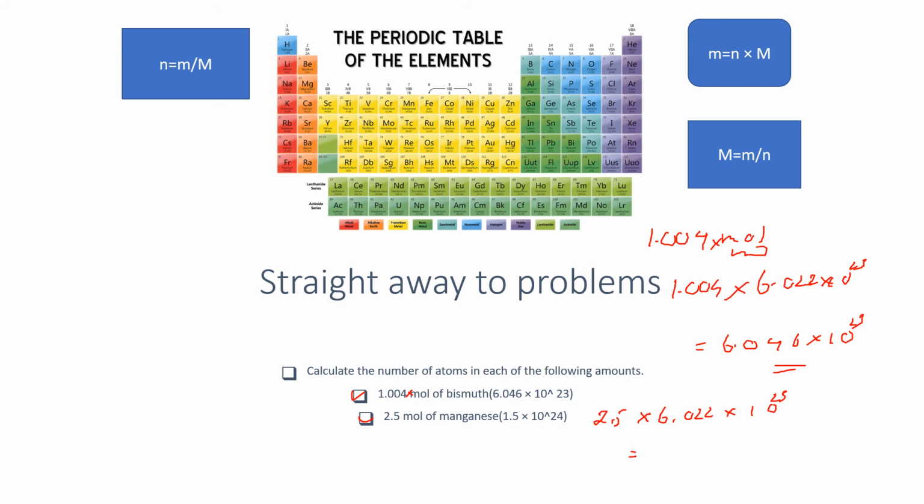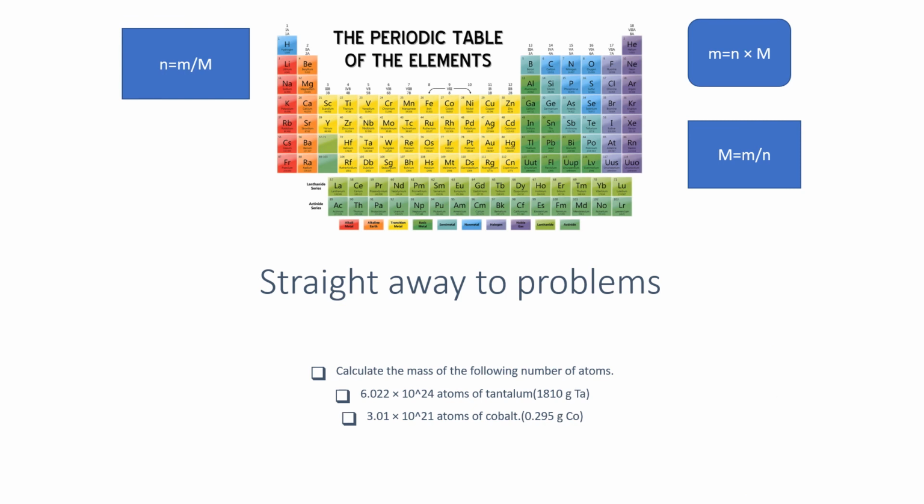So now if you plug into the calculator, 6.022 times 2.5 become 15.055. 15.055 10 to 23 equals 1.5 10 to 24 atoms. Okay, you clear? That's it.